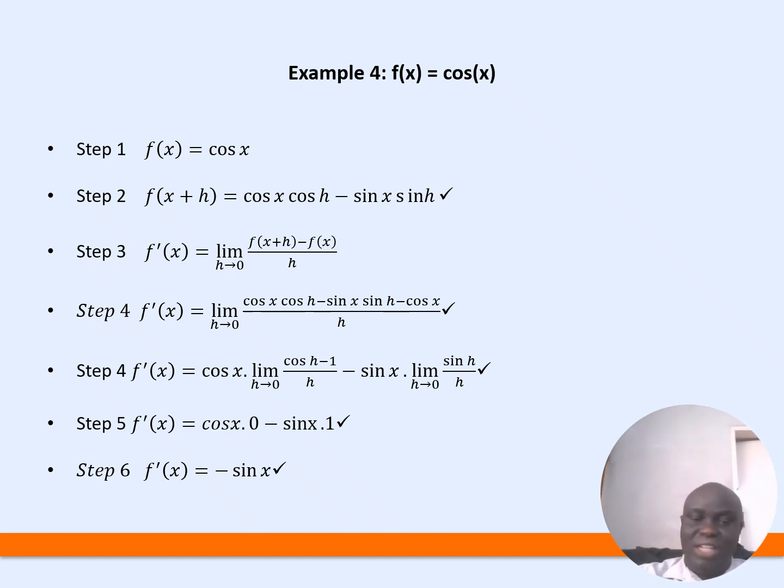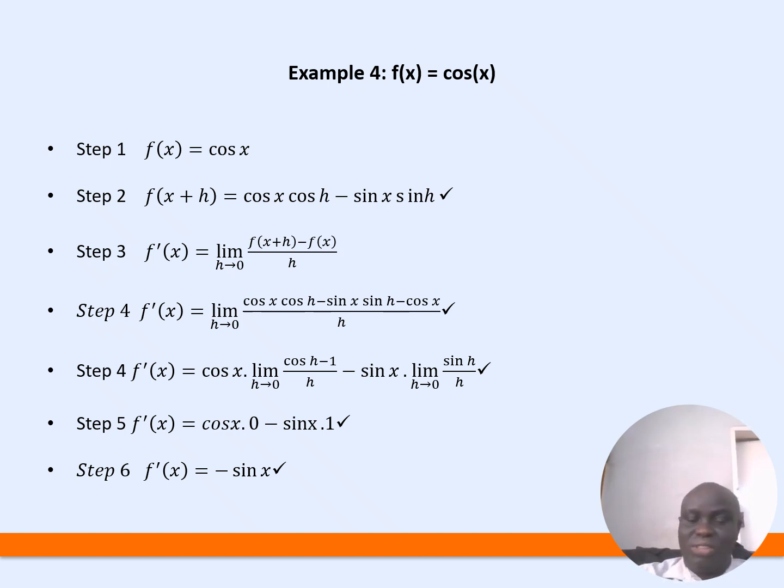That's why we have cos x cos h minus sin x sin h, because it is the f of x plus h. After you have expanded this one, the third one is this formula you're supposed to apply. But after the formula here, you need to subtract minus f of x.